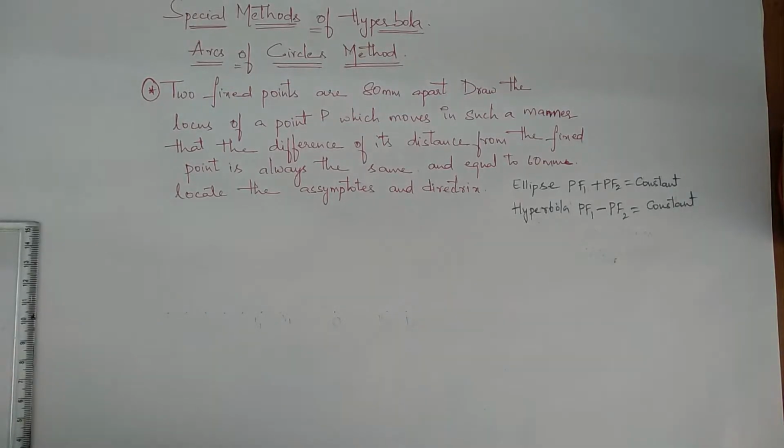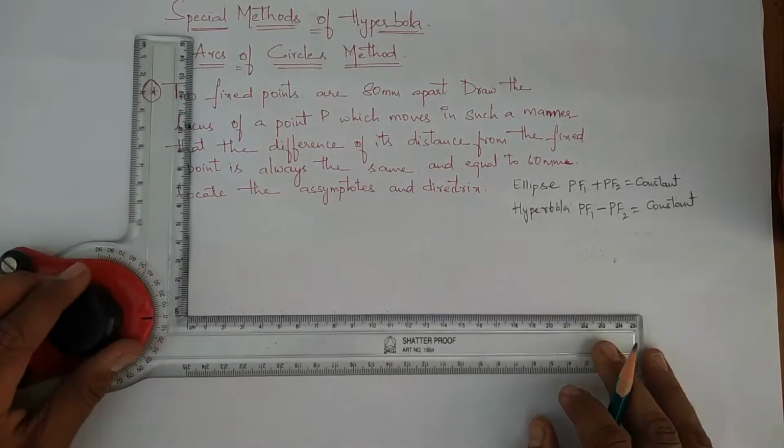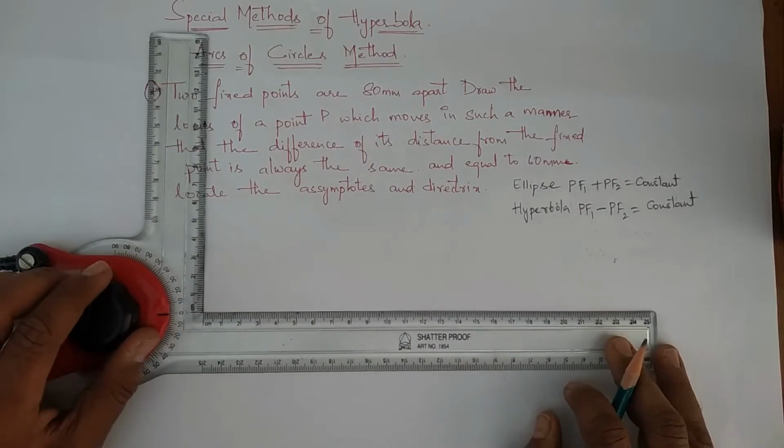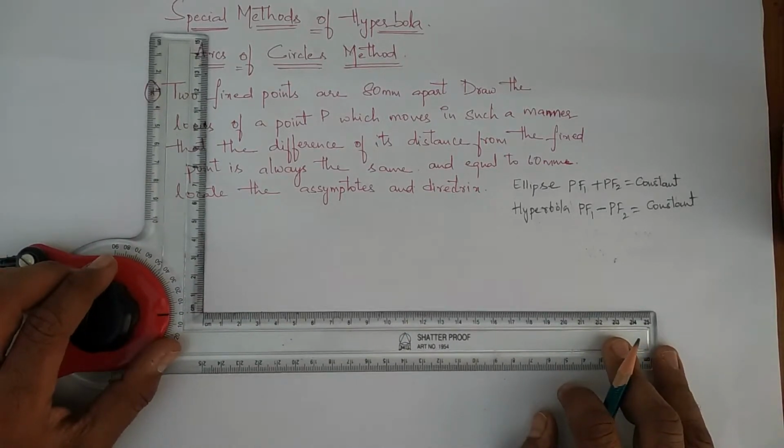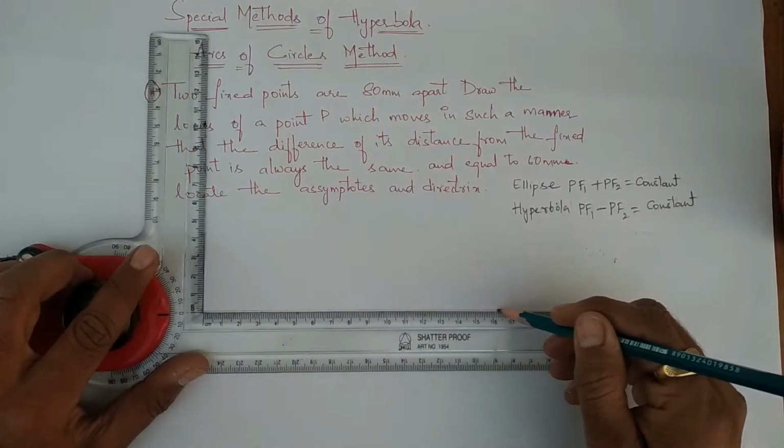Right now, let us go ahead and see the construction. First, using your drafter scale, put it in a straight manner and draw one horizontal line of some unknown length.